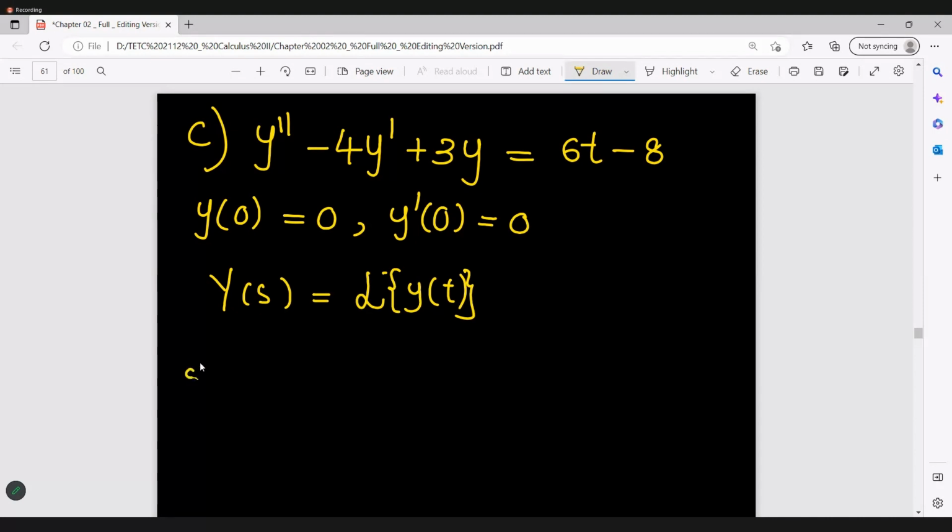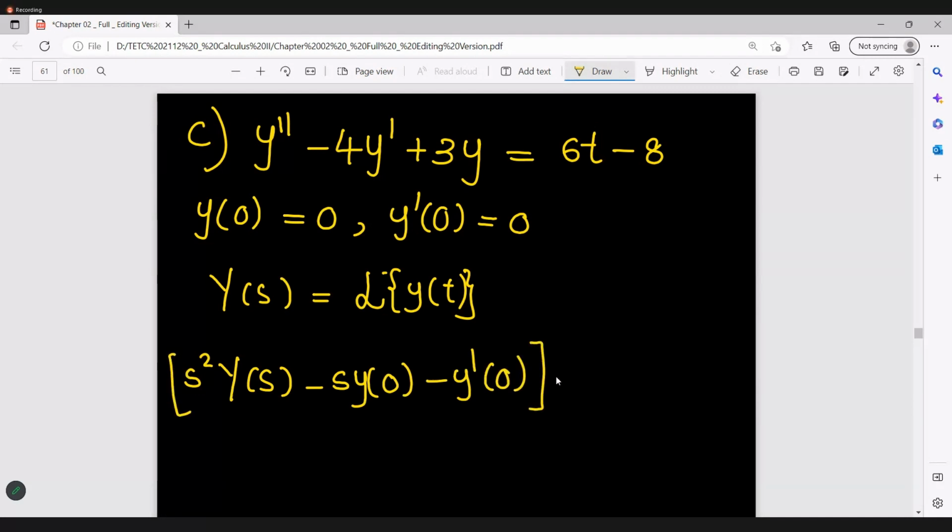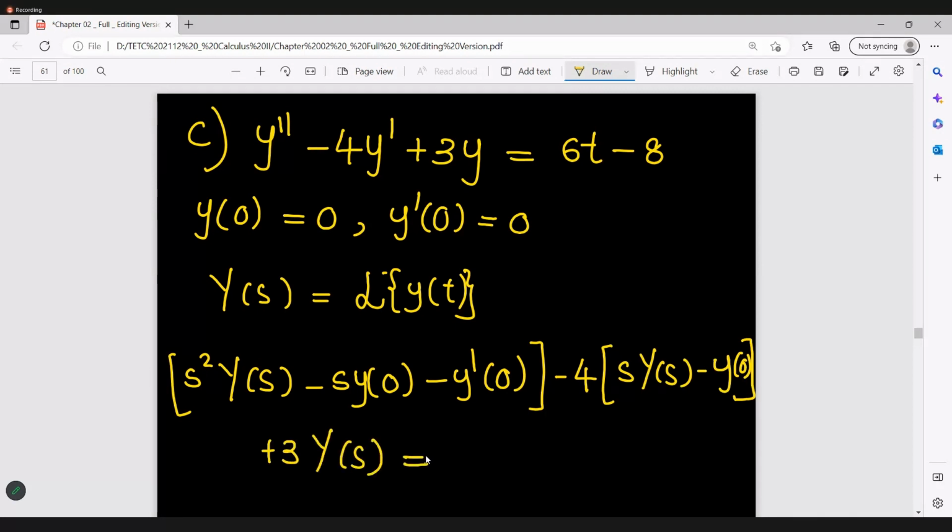So it provides s squared capital Y of s minus s y0 minus y dash 0, minus 4 times s capital Y of s minus y0, plus 3 times capital Y of s is equal to, how about the right hand side? 6t minus 8.